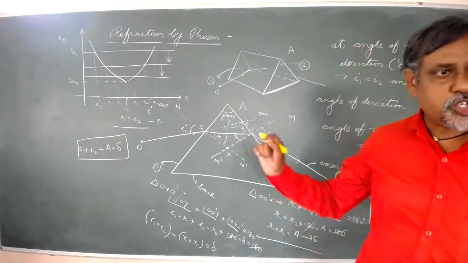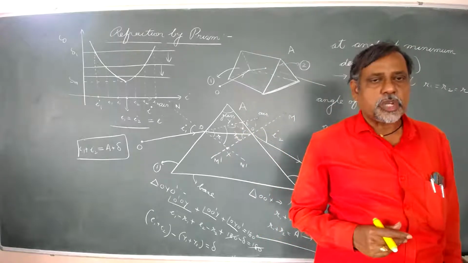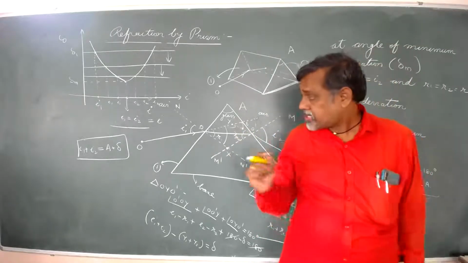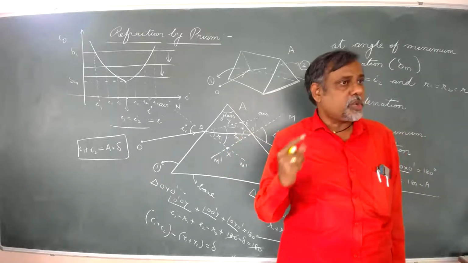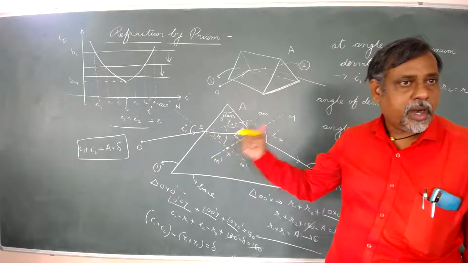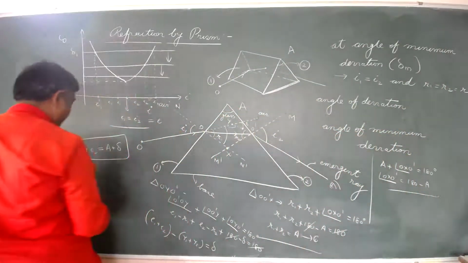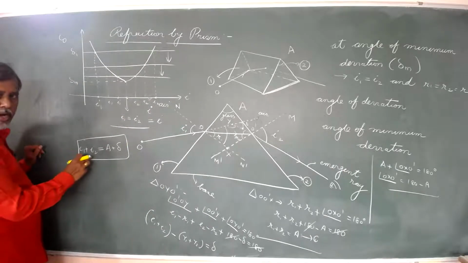Now I will be assuming that the complete prism is in the angle of minimum deviation position. When the prism is in the angle of minimum deviation position, what do you say? I1 is equal to I2, R1 is equal to R2. I1 is equal to I2 is equal to I. You say I plus I, 2I.